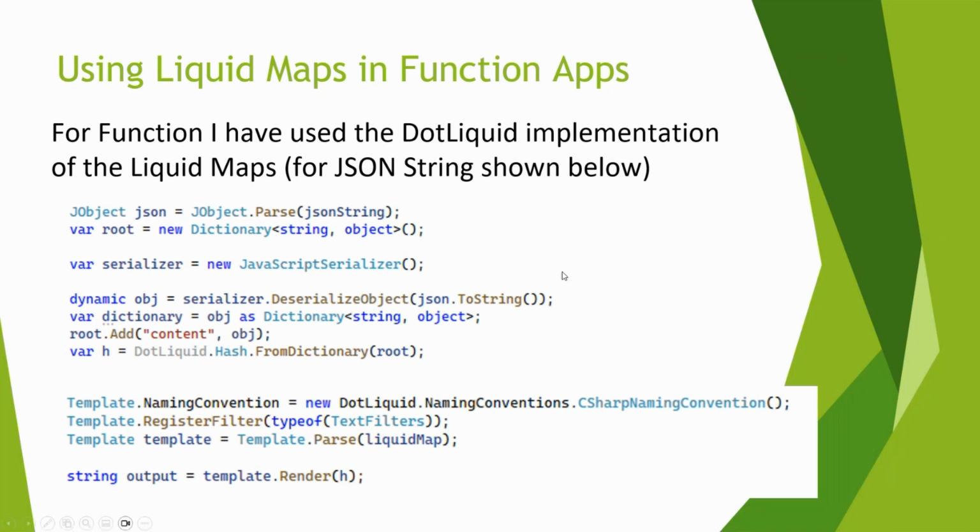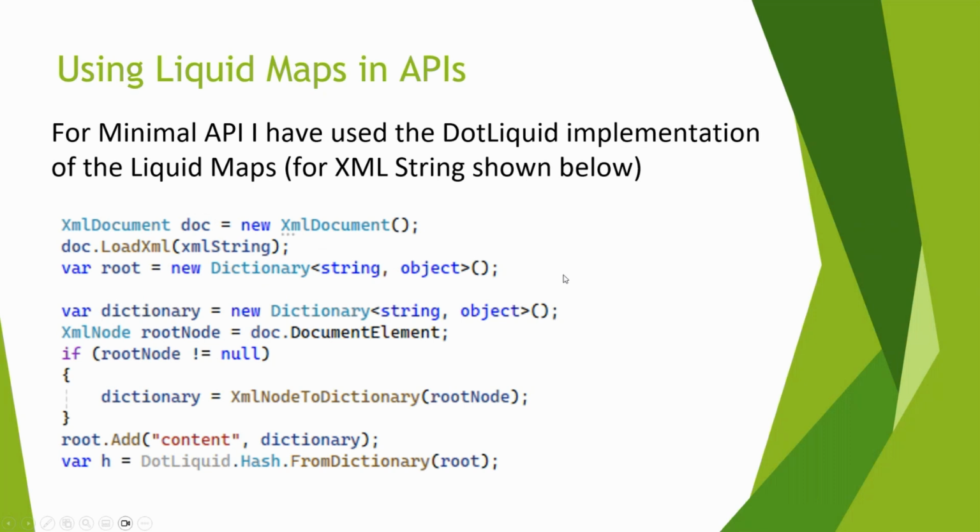The next one I'll show is the API, and I've taken a different approach in here. In this one I'm sending in an XML document. So I create a new XML document, I take the XML string and load that into my XML document, but then I go through pretty much the same thing.